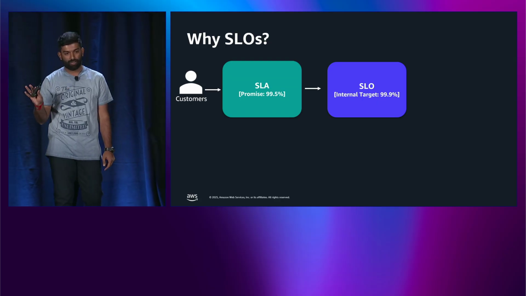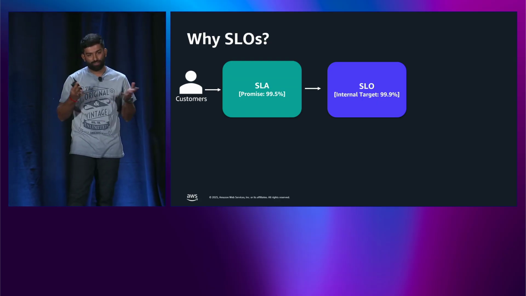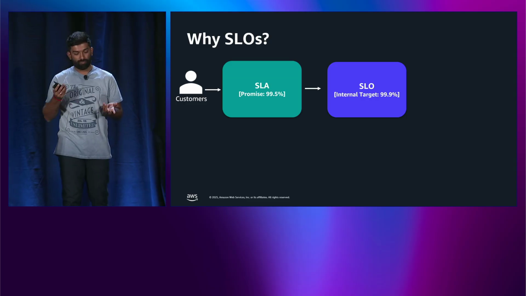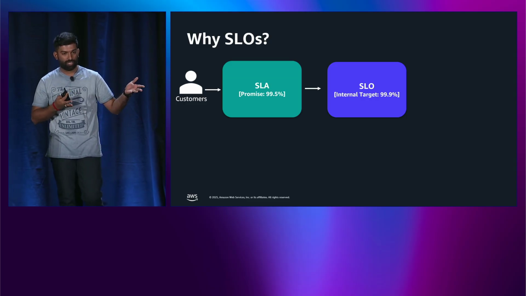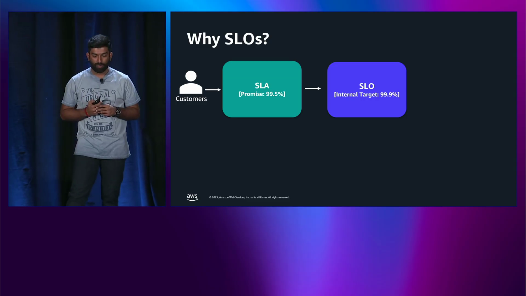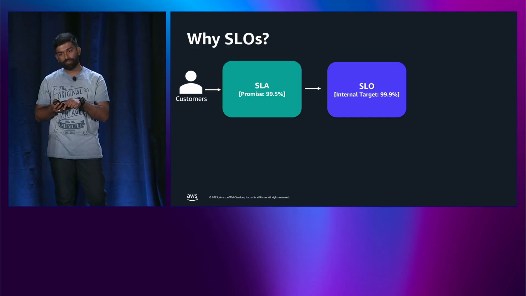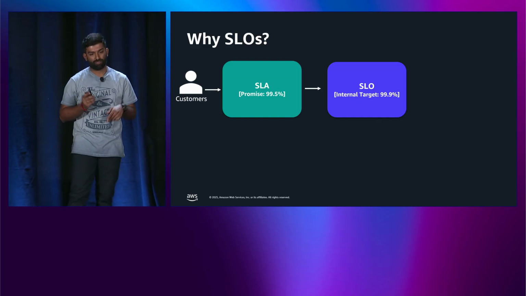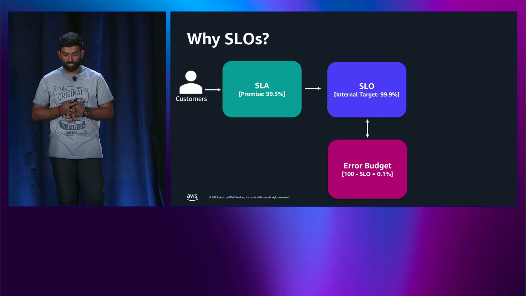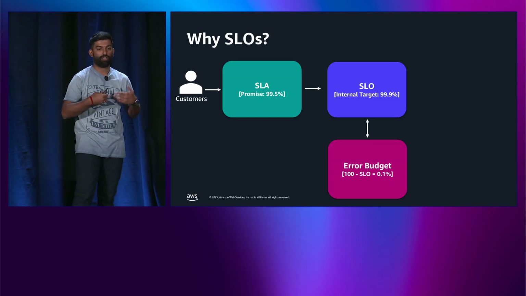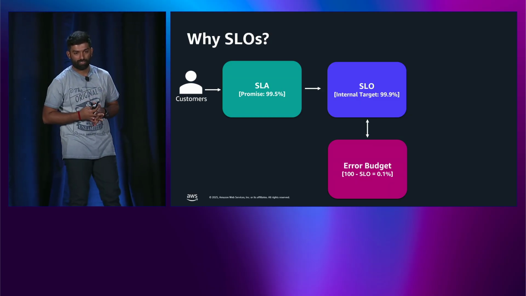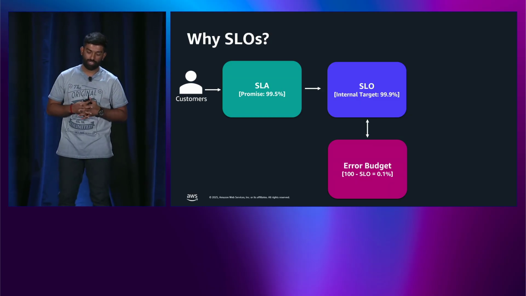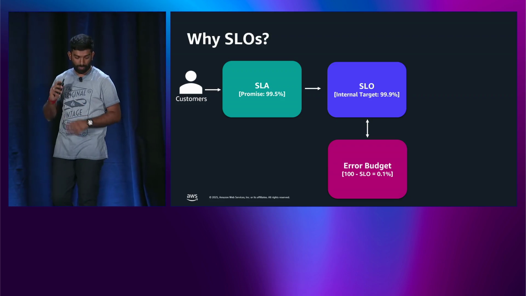This is an internal target that you take, and you work with your engineering team. For example, this would be slightly higher than the actual SLA, let's say 99.9%. And the difference between your internal target and the actual customer promise will give you the error budget. This will help you to deploy new features, new versions of your application, and still be able to make sure that the applications are reliable.